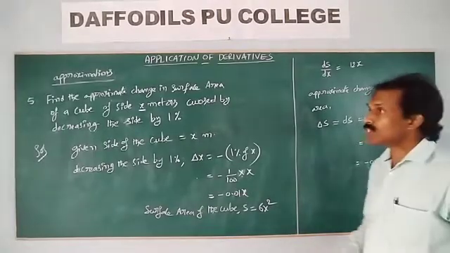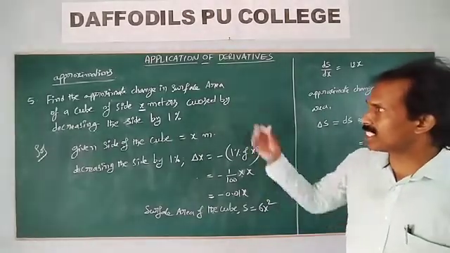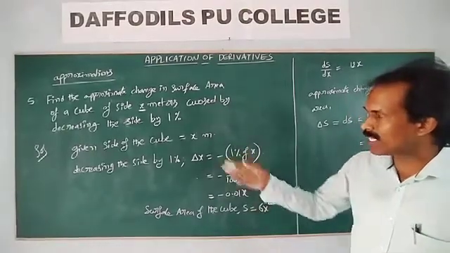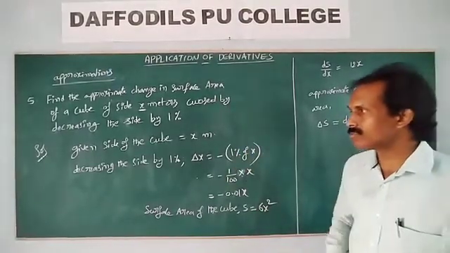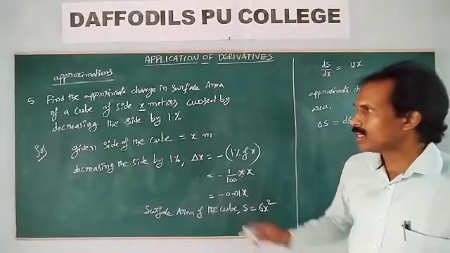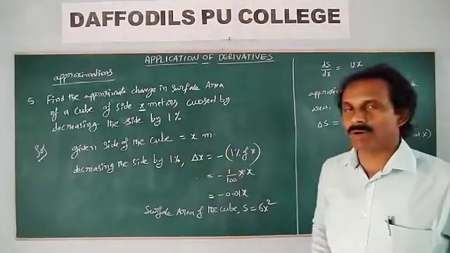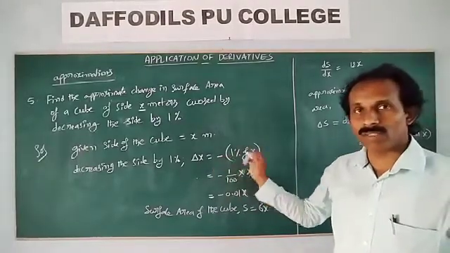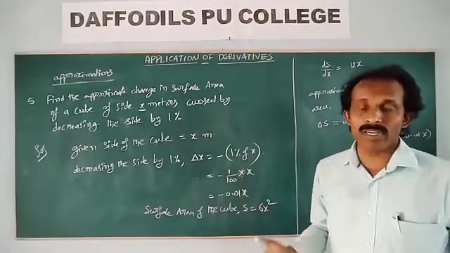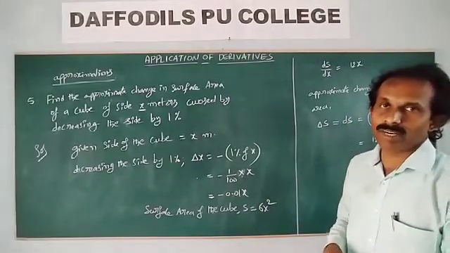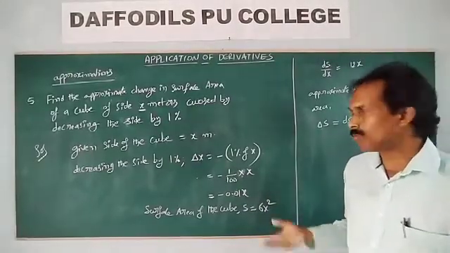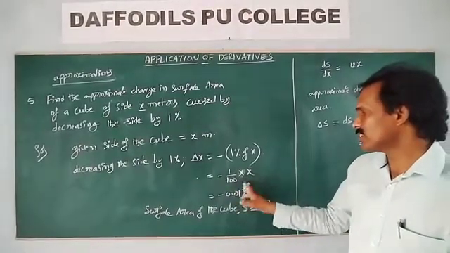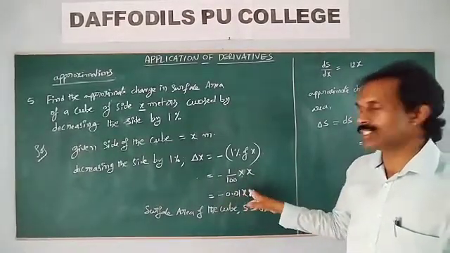First understand the question. Find the approximate change in surface area of a cube of side x meters. The given side of the cube is x meters. Decreasing the side by 1% implies 1% of x. Decreasing means negative value, increasing means positive; already I explained this concept. So minus 1 by 100 of x, that implies minus 0.01 into x.